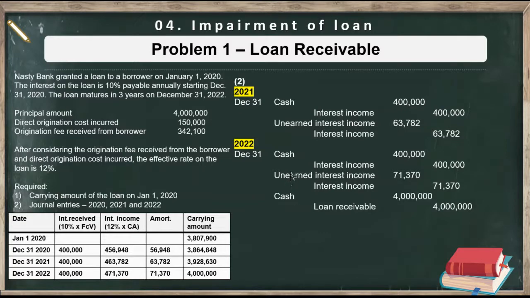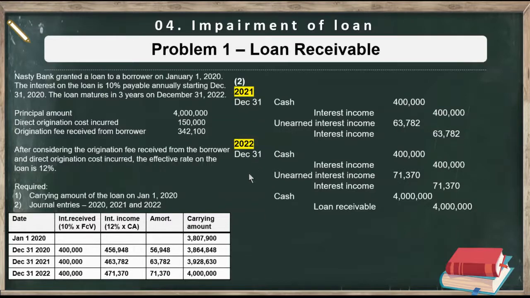If you're asked on December 31, 2022, what's the balance of your unearned interest income? The answer would be zero. Why zero? Because after the balance of 71,370 in 2021, it was closed because we debited 71,370.